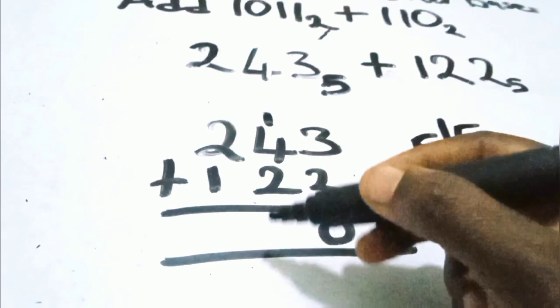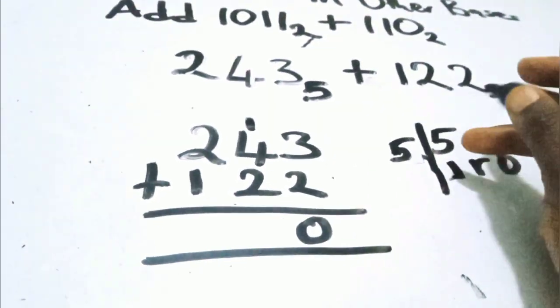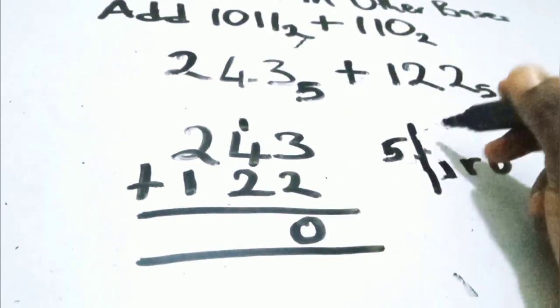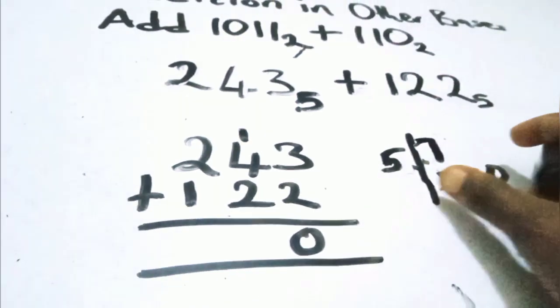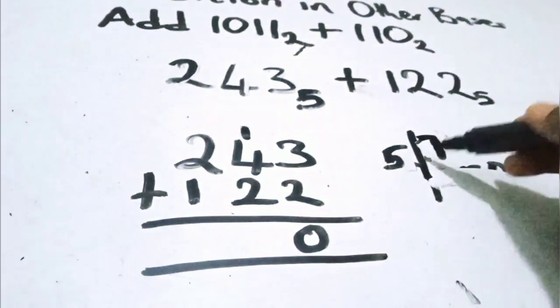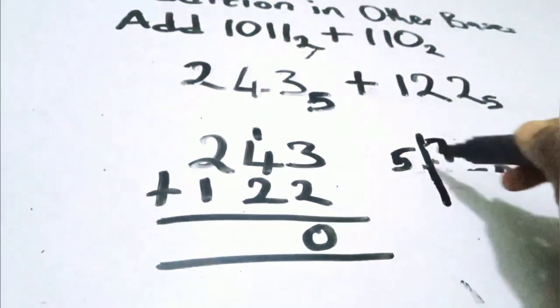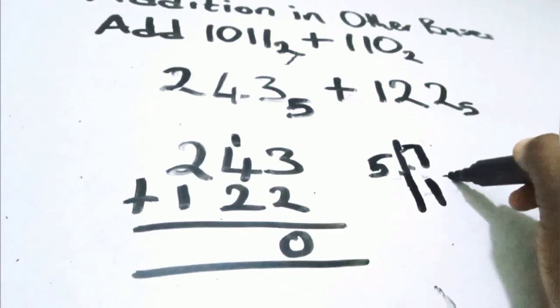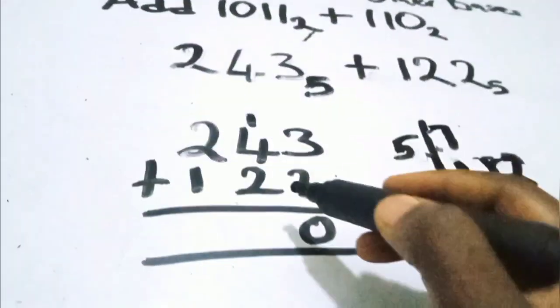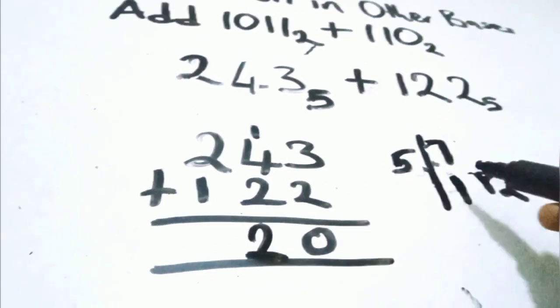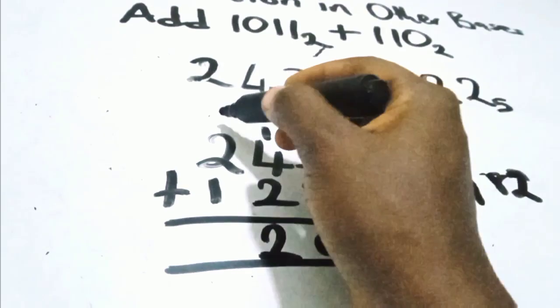I cannot write 7 because I'm dealing with base 5. So I'm going to do 7 divided by 5. I get 1, remainder 2. So I'll put my 2 here and carry my 1 to this place.